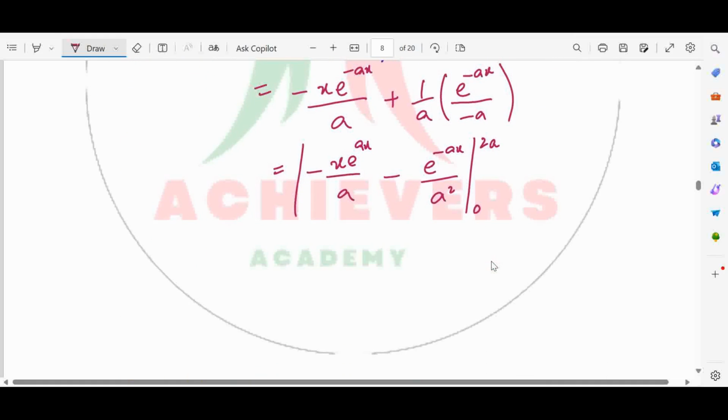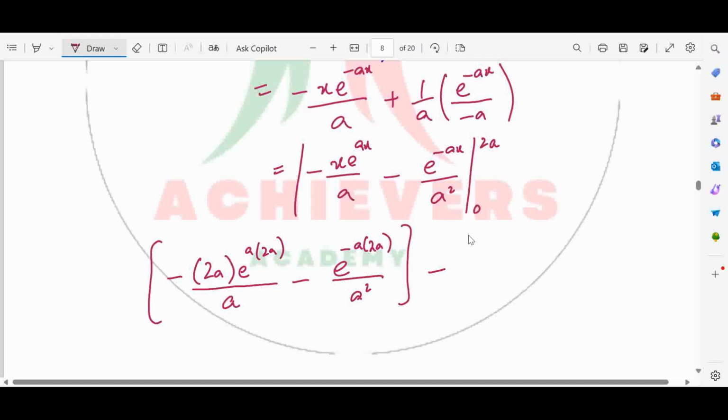If we simply put it in, this will be upper limit minus lower limit: minus 2a e power a into 2a divided by a, minus e power minus a into 2a divided by a square, minus the lower limit, where x is 0: 0 e power 2 into 0 divided by a minus e power minus a into 0 divided by a square.